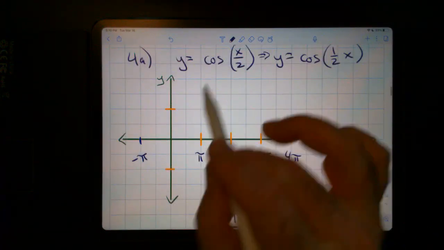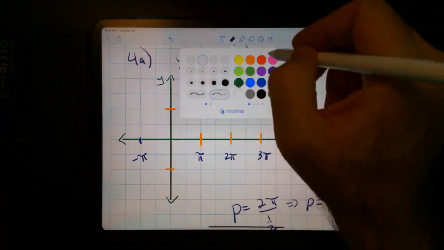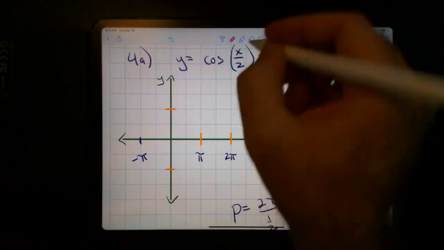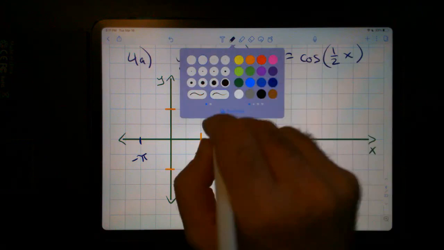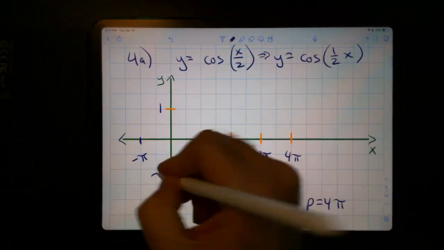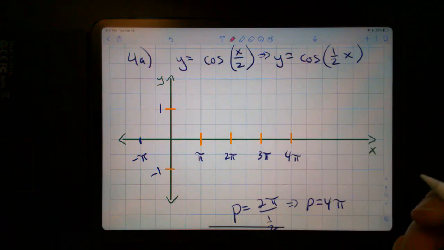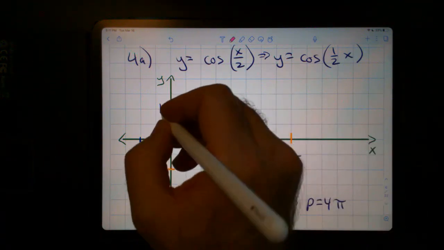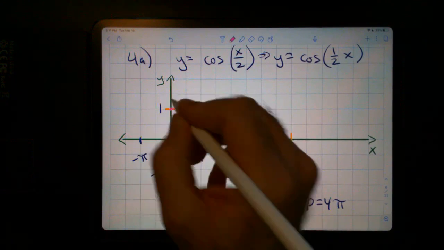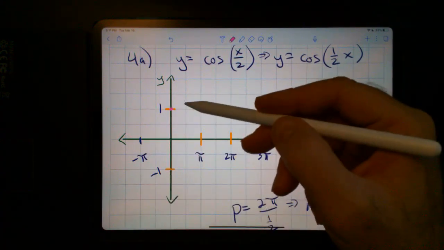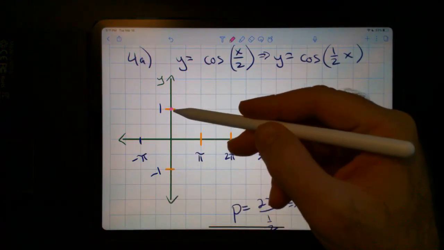Our amplitude is 1. Now cosine begins, our amplitude is 1, so we're going to go up 1 and down 1. And cosine, it's a periodic function, so it doesn't begin, it doesn't end, but let's say it begins here. When x is 0, cosine of 0 is 1.